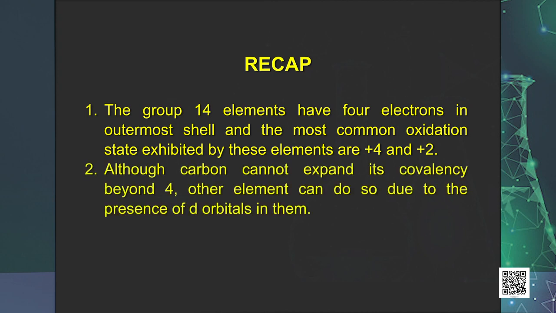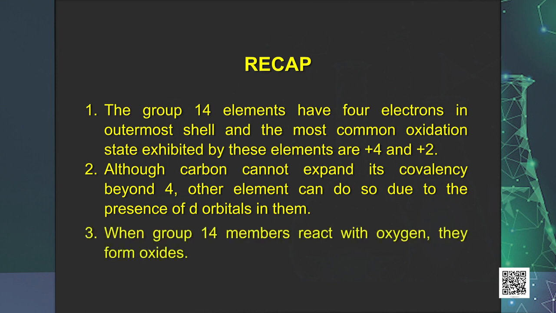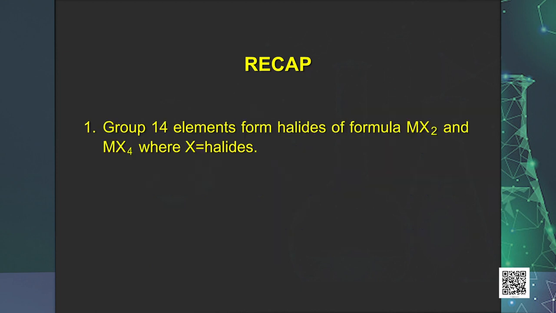Although carbon cannot expand its covalency beyond 4, other elements can do so due to the presence of d orbitals in them. When group 14 members react with oxygen, they form oxides. Group 14 elements form halides of formula MX2 and MX4, where X is equal to halogen.